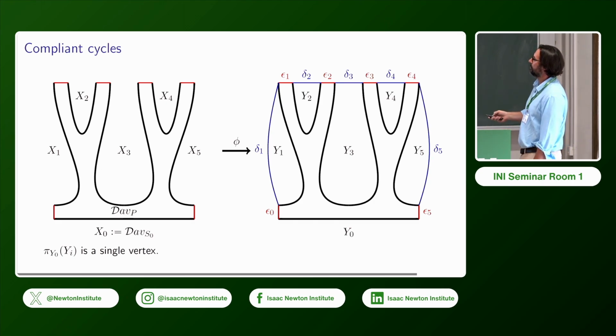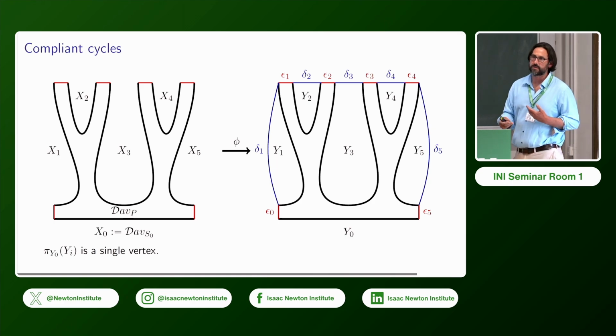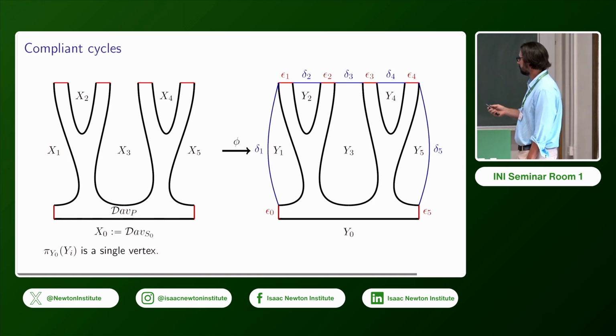So the fact that each Xi had bounded projection to X0 is going to imply that each Yi has bounded projection to Y0, but if it's bounded, it has to be a single vertex. So every blue path projects to a single vertex. But they have to add up to something big, so at least one of the red paths must be projecting to a non-trivial edge in Y0.